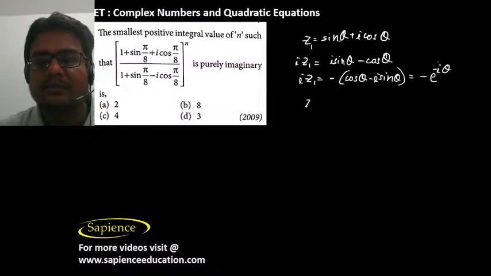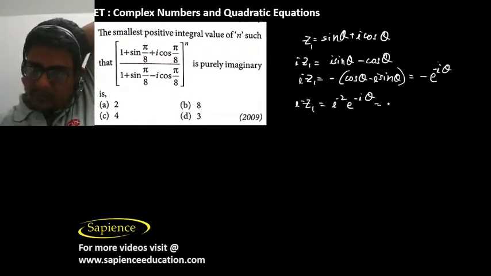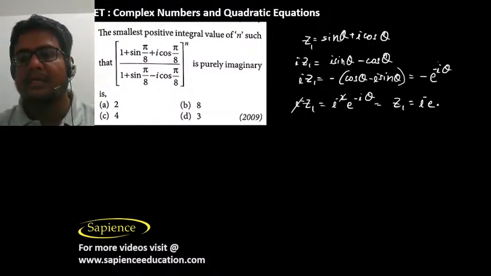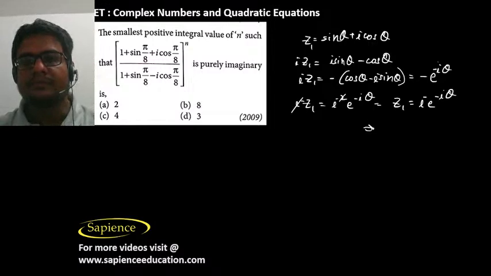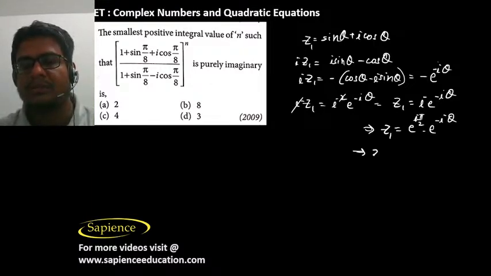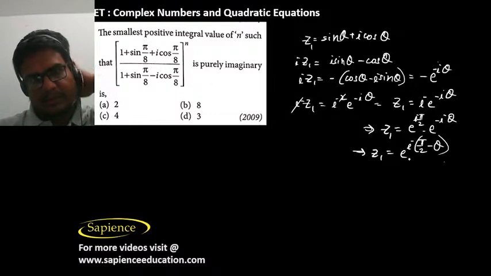So i z1 is i square into e power minus i theta, so i will cancel, and z1 is i e power minus i theta. Therefore z1 can be written as, i is e power i pi by 2, then into e power minus i theta. So z1 will be equal to e power i (pi by 2 minus theta).